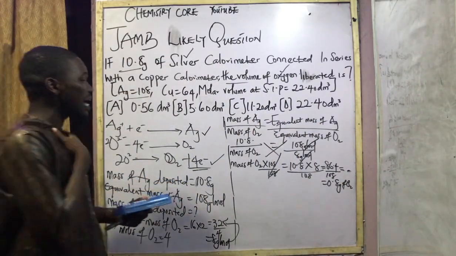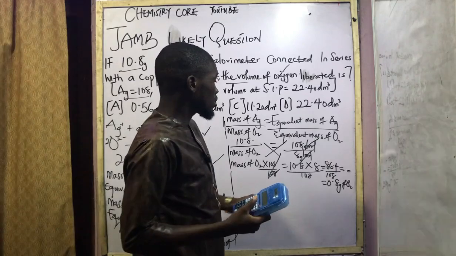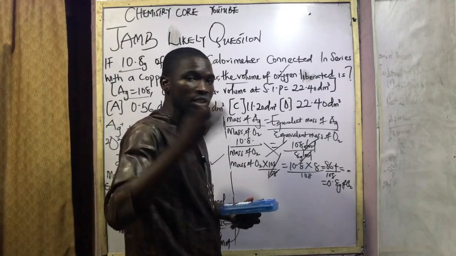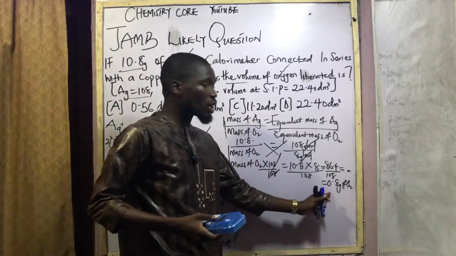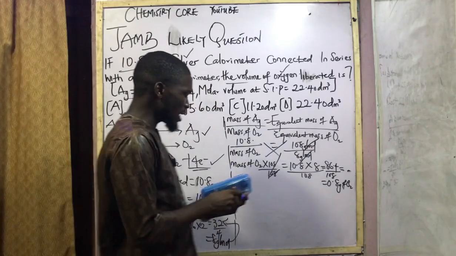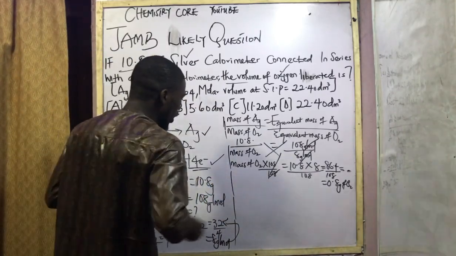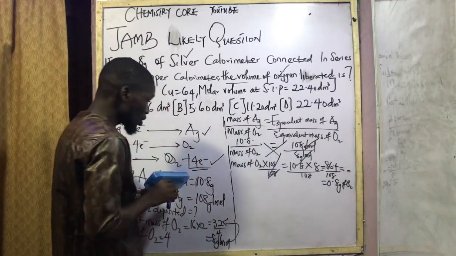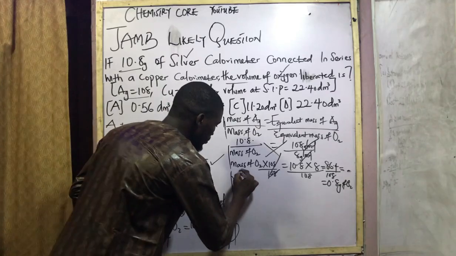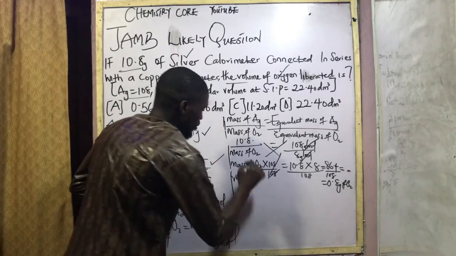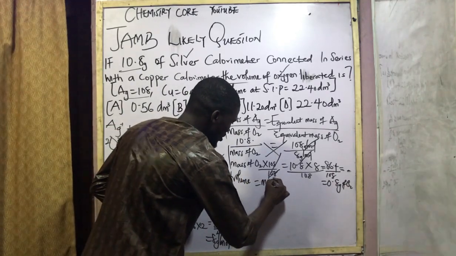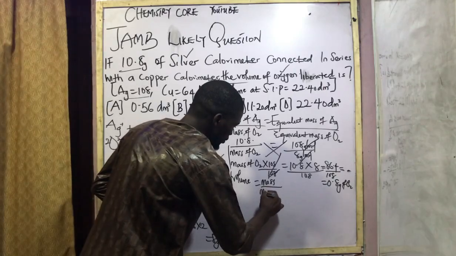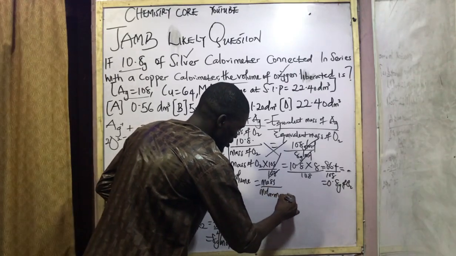So for the fact that the mass of oxygen deposited is given to be 0.8 gram, guys, now we can easily say the volume is equal to mass over molar mass, times the molar volume.